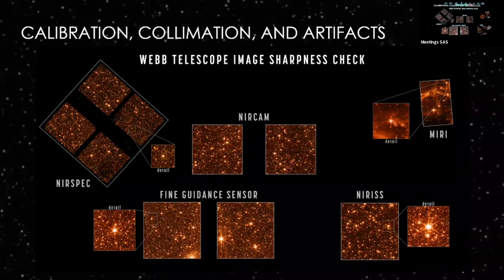NearSpec, near-infrared slitless spectrometer, which is really cool, and fine guidance sensor, which for any astrophotographer out there is basically the same thing as the autoguider. It's really just making sure that for those long exposures the James Webb is steady, stable, and can maintain its pointing accuracy for effectively however long it wants.